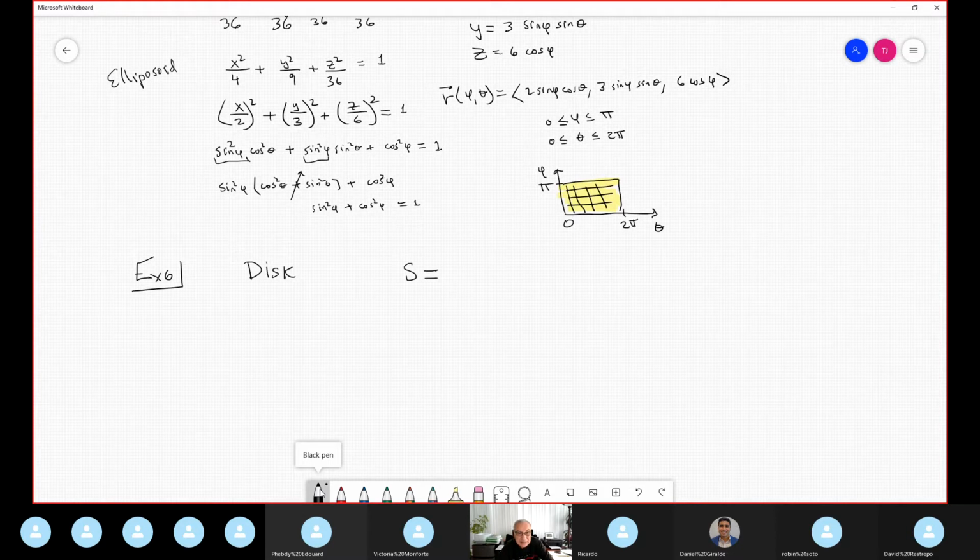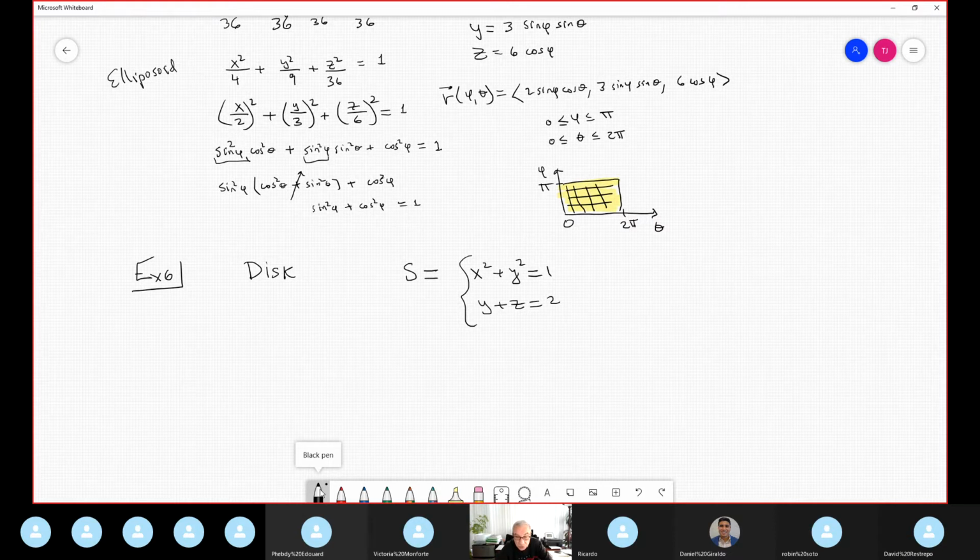The explicit formula is not clear, because it's the intersection of two things. For example, you have x squared plus y squared equal 1. It's a cylinder, right? And we have a plane, this is y plus z equal 2. So my surface is the intersection, the common part between the solid cylinder and the plane.